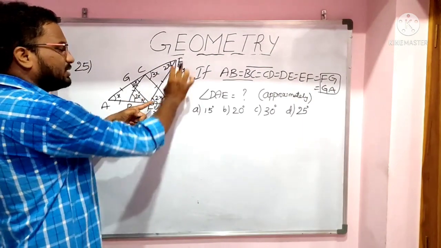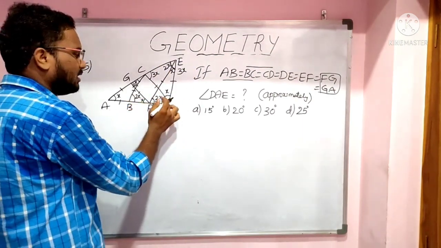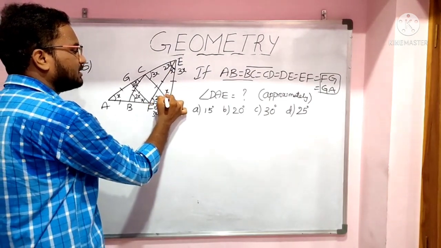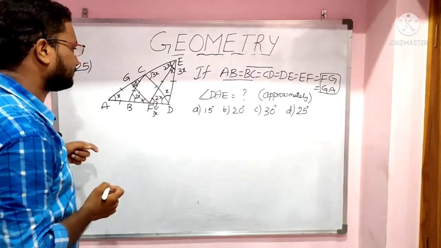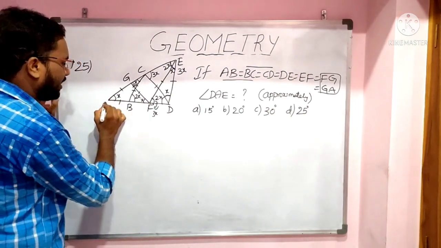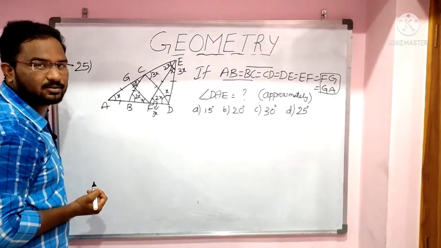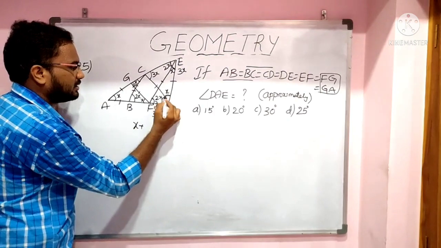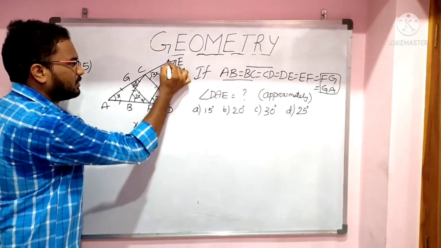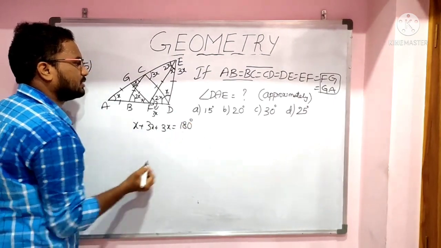So these two sides are equal. So if this is 3x, this angle is 3x. Already we have 2x. So this angle is x. Okay. So from this triangle ADE, sum of all interior angles is 180 degrees. So x plus 3x plus 3x equal to 180 degrees.